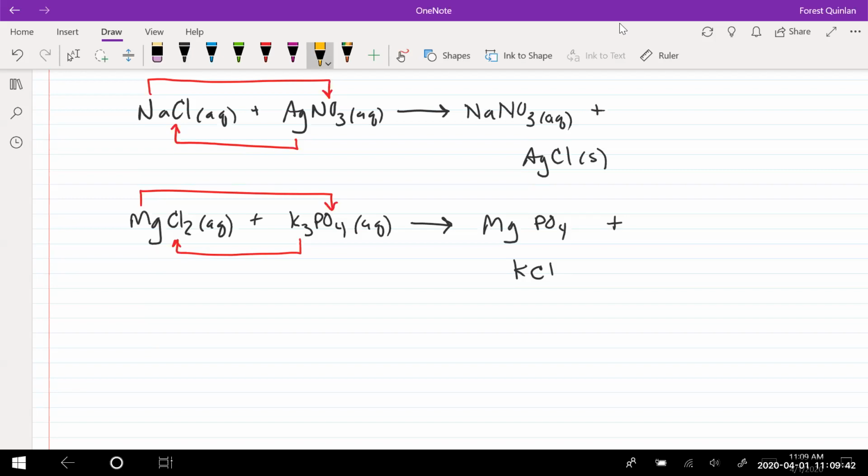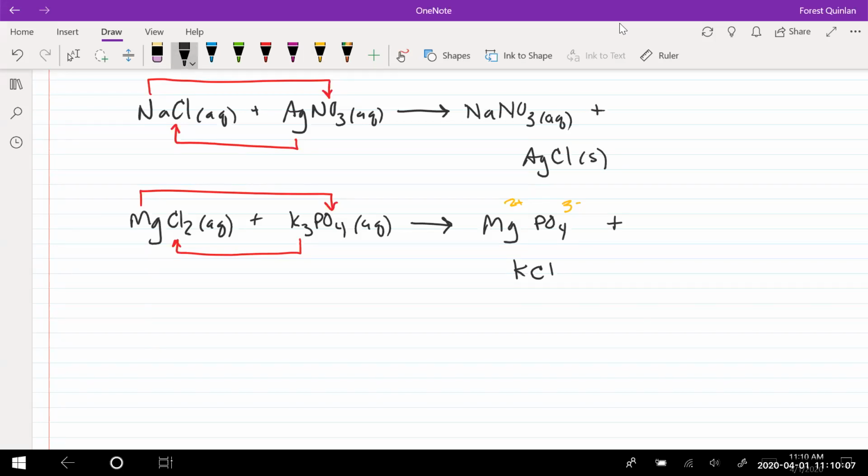What's the charge on that? Magnesium is a +2. Okay, phosphate? Phosphate is a -2. -3. -3. So least common multiple? 6. Okay, so give it to me.